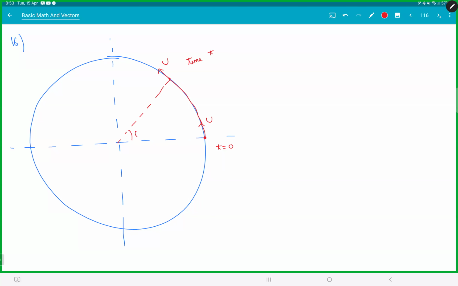So theta is given in this case, which you can find actually with time t, but okay. A particle moves in a circle of radius r with constant speed u.